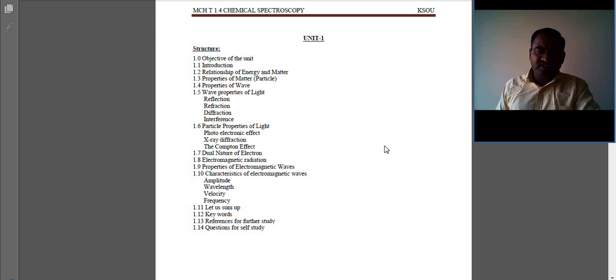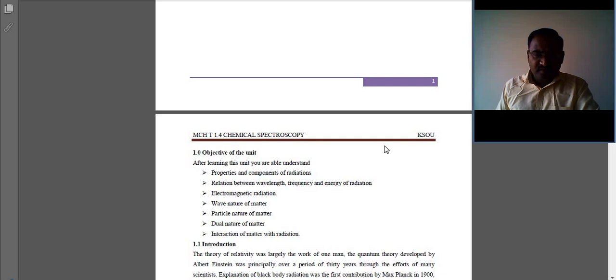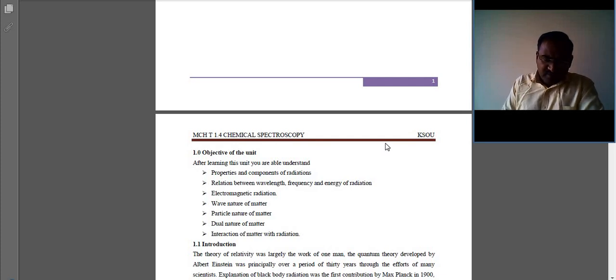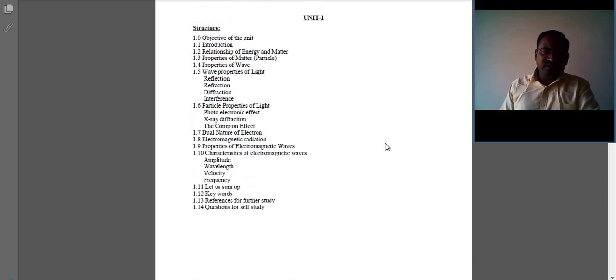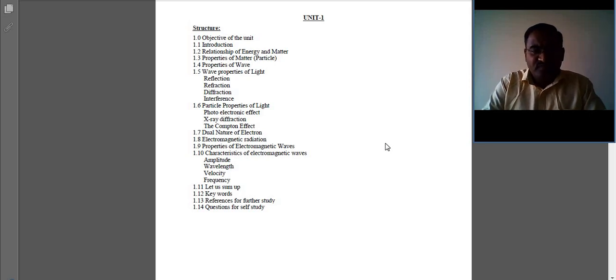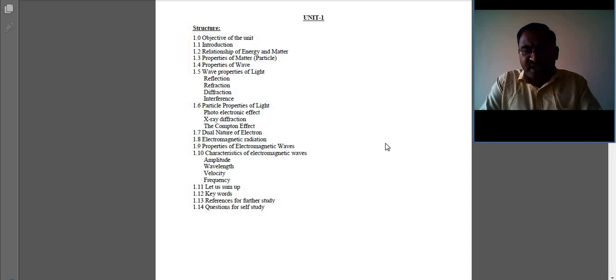In that first unit, we have to learn what is the relationship between energy and matter, because all spectroscopic techniques depend on energy and matter.